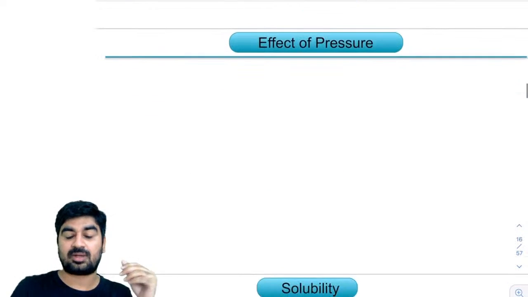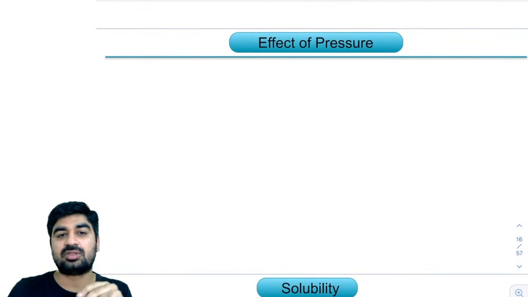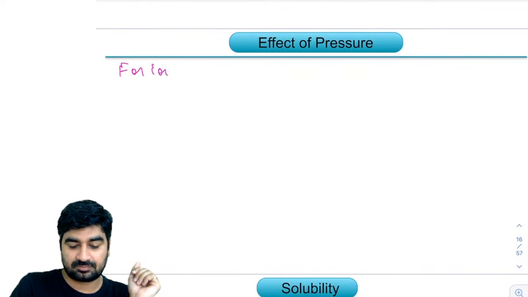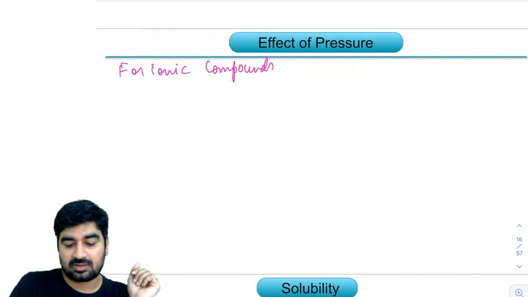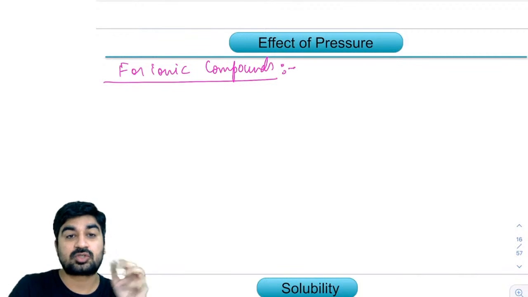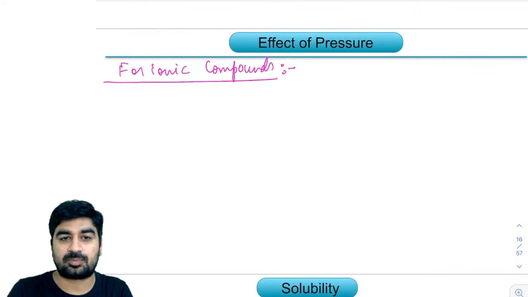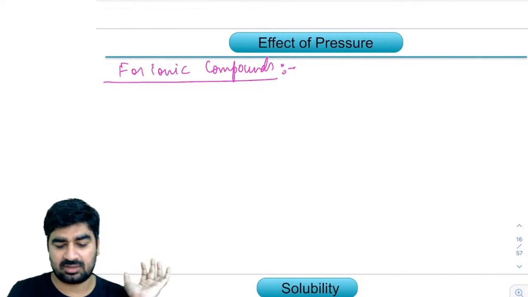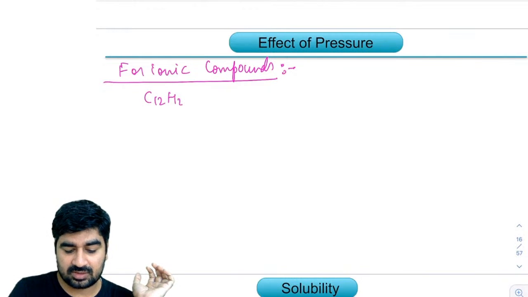So what do you mean by solubility? Actually, there are two types of solubility. For ionic compounds. Like you might have seen sugar. Sugar is non-ionic. Every one of you has seen sugar, C12H22O11. This is solid.